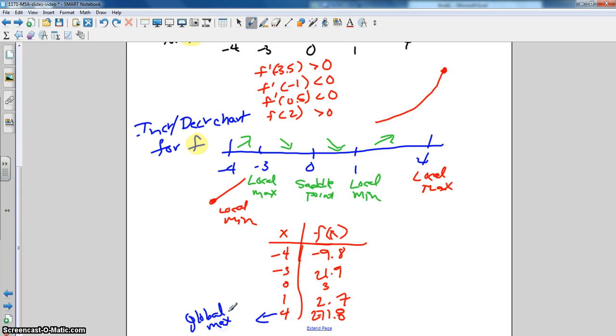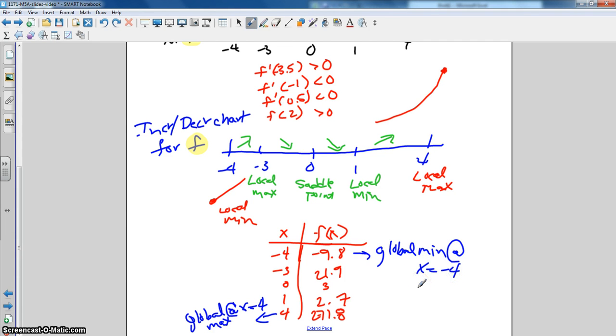I say global max at x is equal to 4. And then for the global min, I look for the most negative value, and that occurs here. So I say there's a global min at x is equal to -4.